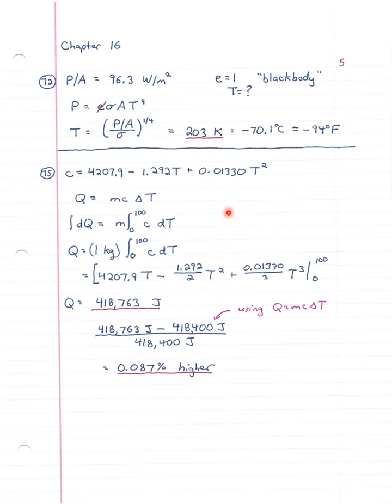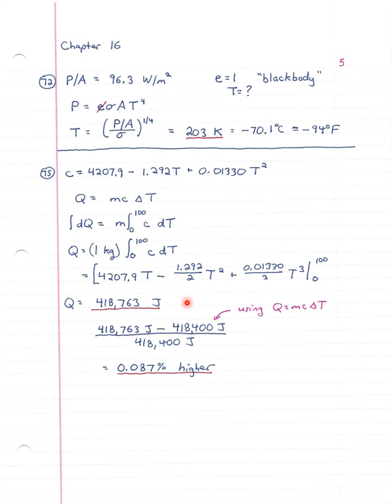And the last one, the T squared bit, becomes plus 0.01330 over 3 times T cubed. We just took that integral. And we take the limits of integration from 0 to 100. When you take those limits of integration, you get 418,763 joules. So that's the answer to part A.